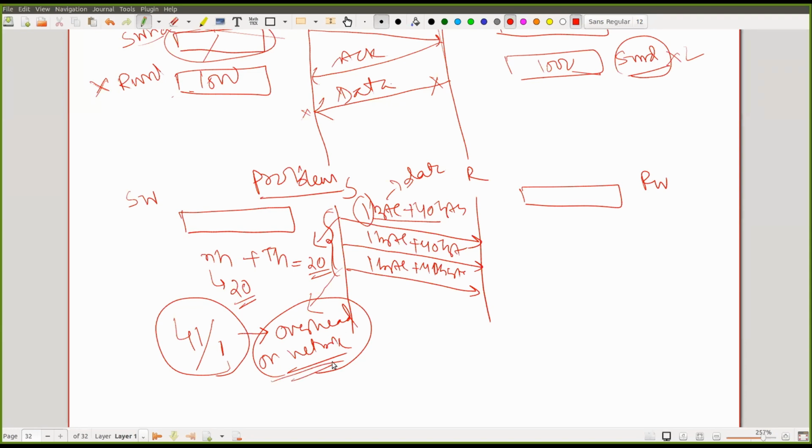And why is it happening? Because my application layer is generating the data very slowly. Why am I sending 1 byte of data? Because my application is, let's say, generating 1 byte of data in 1 second. So as a sender, what can I do? I have to send that 1 byte of data to the other end.